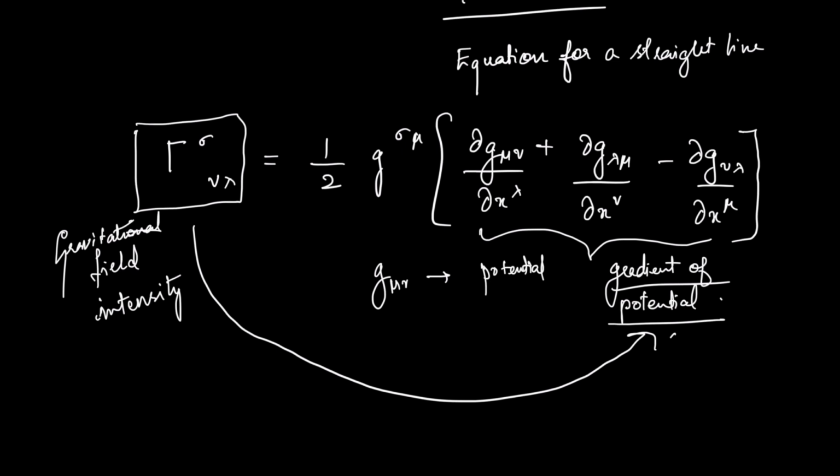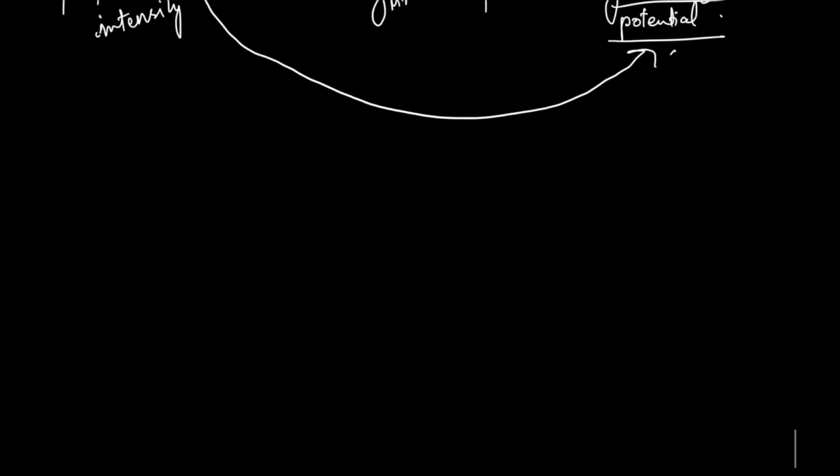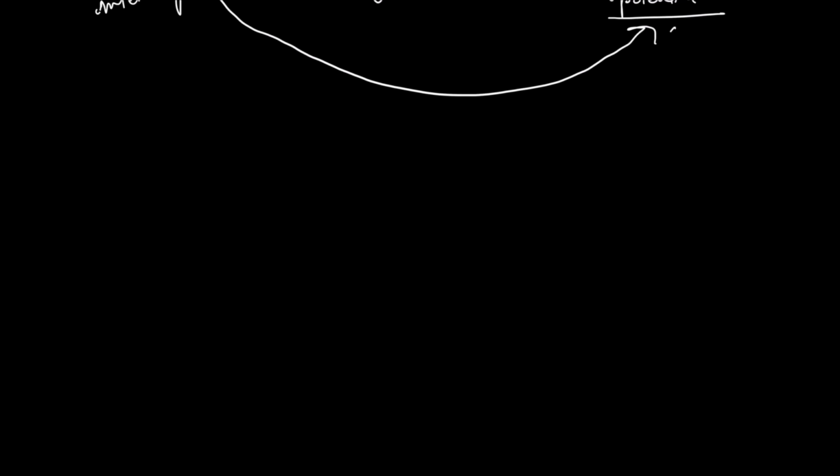Now we can clearly see that the gravitational potential has many components. See g mu nu, g lambda nu, g nu lambda. So it's not a single potential. The gravitational potential has many components.